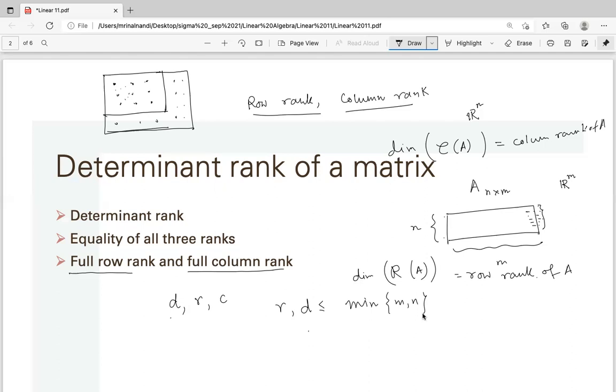Now, why are these equal? That's the important question, because something is unusual here. Why should the row rank be the same as the column rank? Say it is a 4 cross 6 matrix.